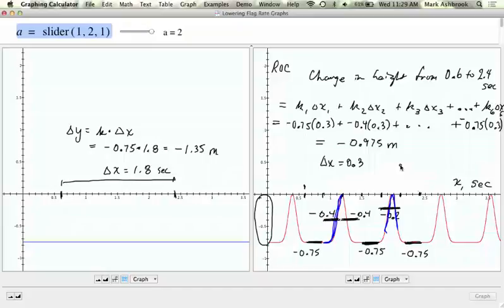Okay, so many things in the world are more realistically modeled with a changing rate of change. There are some things in the world that are constant rate of change, but most things, when you're looking at rate of change, have a changing rate of change. Especially when you're talking about velocity, acceleration. If you went from 0 miles per hour to 5 miles per hour instantaneously, you would die, because that's an infinite acceleration, which means an infinite force on your body.